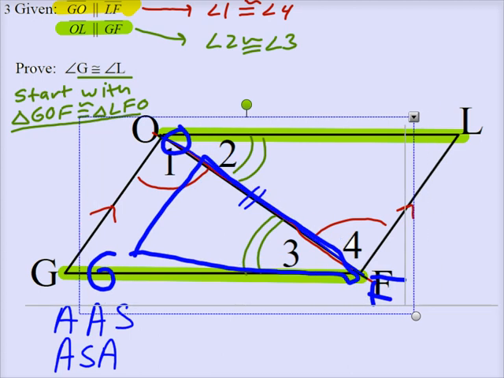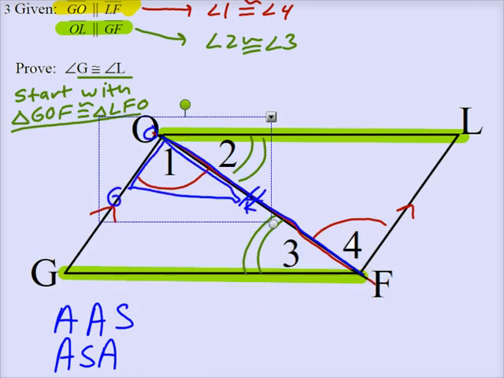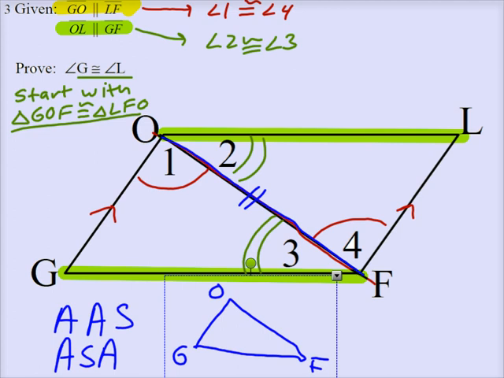If we just look at that triangle, we've got angle 1 up top here, we've got angle 3 down below here, and then we have that shared segment right in the middle. And so this follows angle, side, included side, angle. So we must use the ASA theorem and can't use AAS. So let's get to it. Let's write the proof.